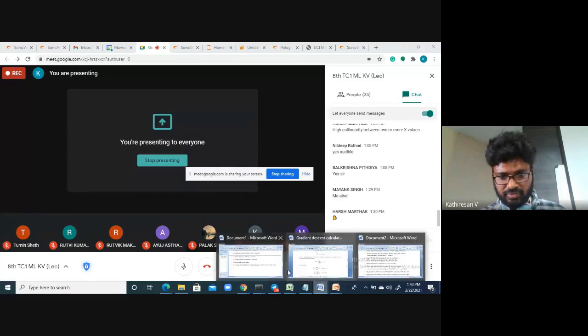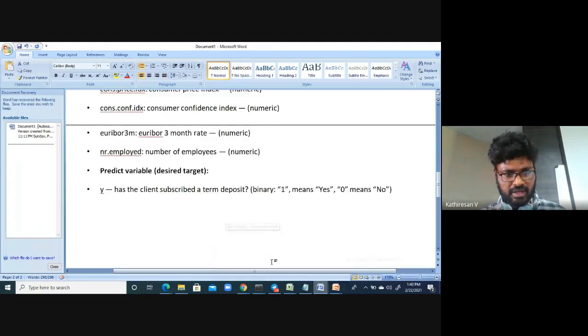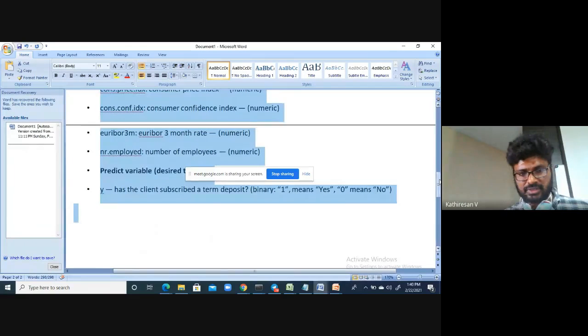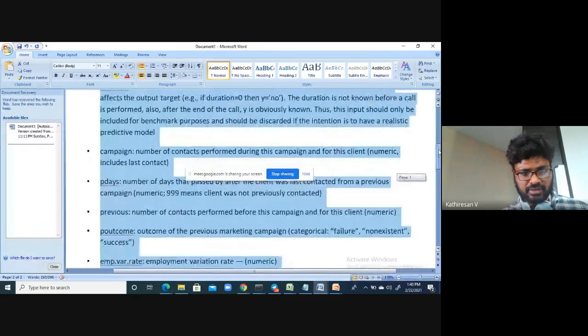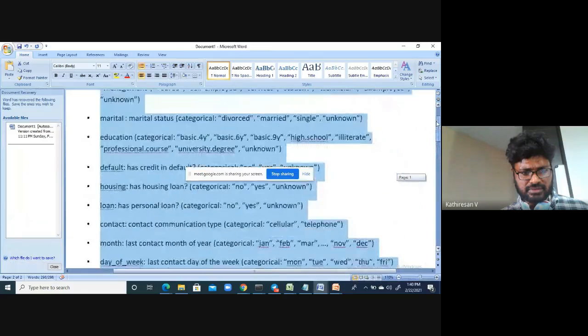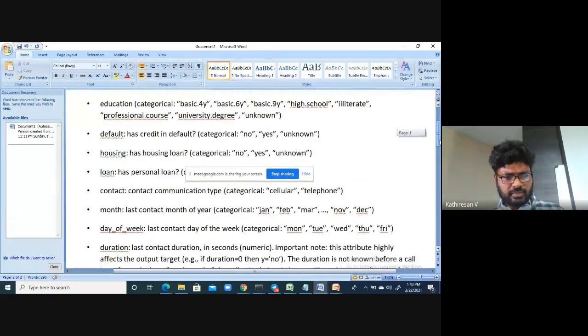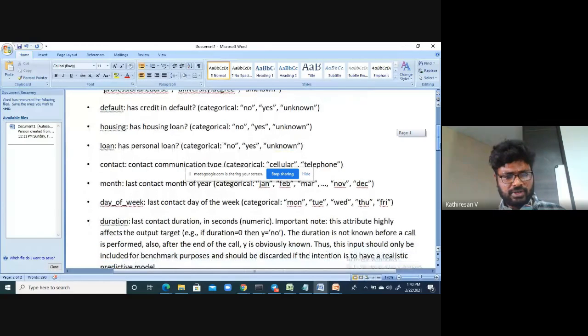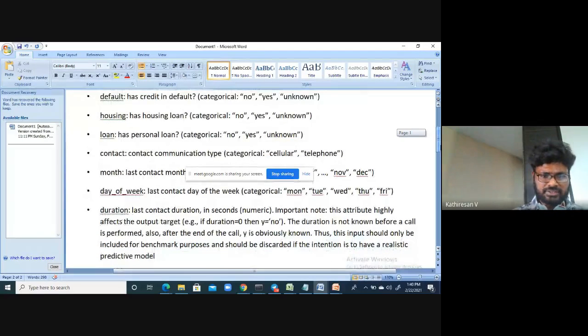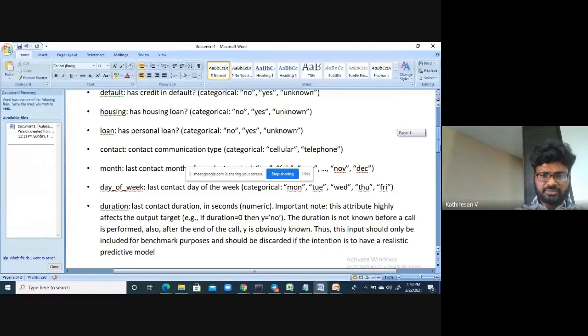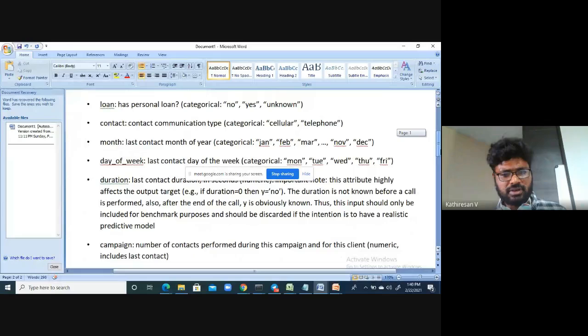And if we go with another attributes: housing loan, yes or no, loan category, yes or no, contact communication type, cellular telephone, month, last contact month of year, day of week.